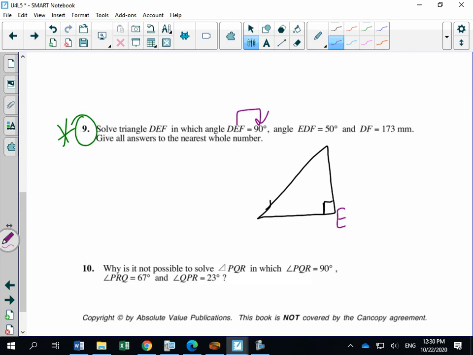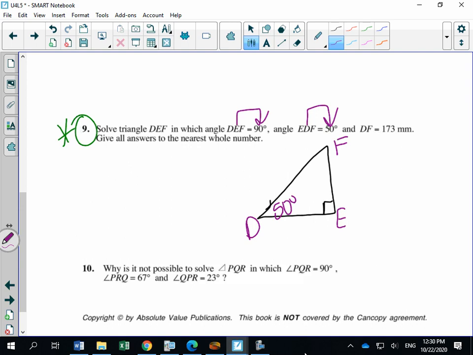Then it does not matter. If that is E, this could be D and that could be F, as long as you get that 90 in correctly. Then they say EDF is 50 degrees. Ella, which one was 50 degrees according to how I labeled it? D on the bottom.